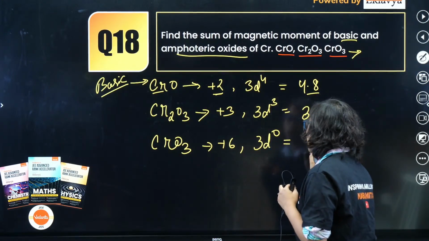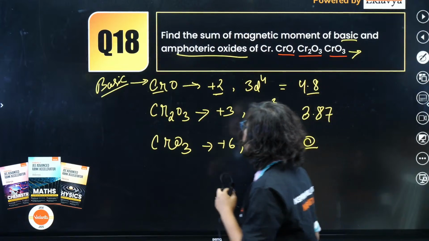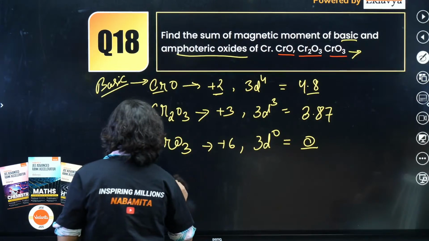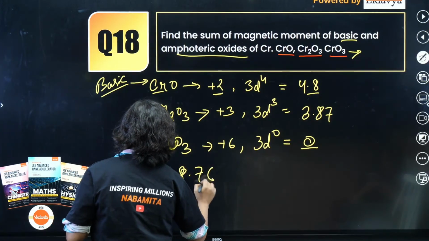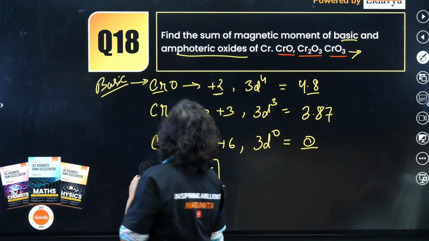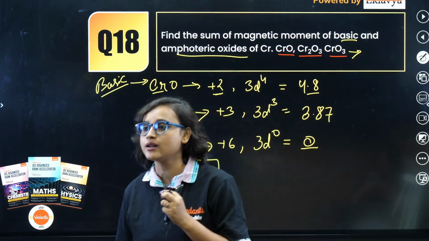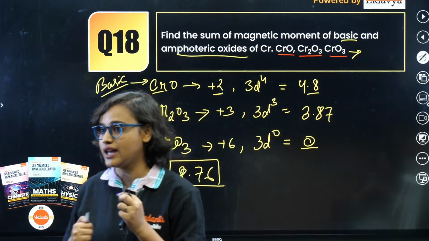That means there will be no magnetic moment, 0. If we add 4.8 plus 3.87, you should be getting somewhere around 8.67, isn't it? 8.67 should be the magnetic moment. Is this the answer that you guys got, everybody?